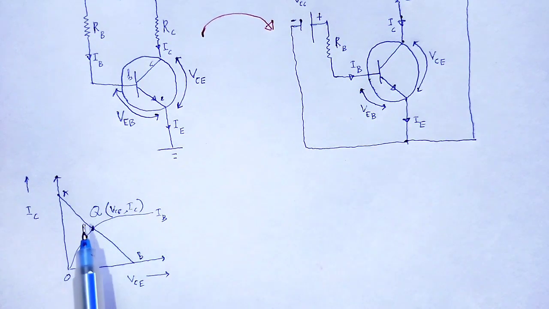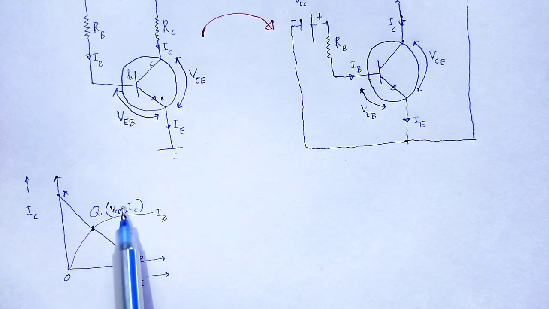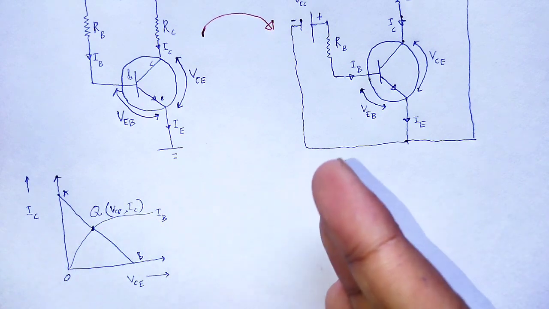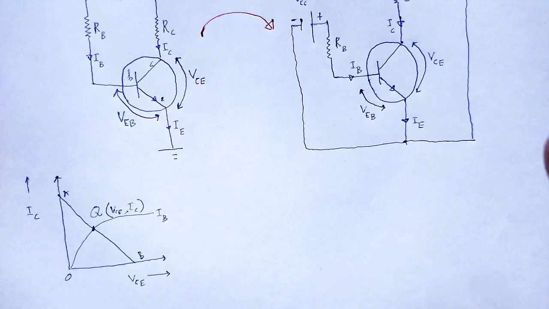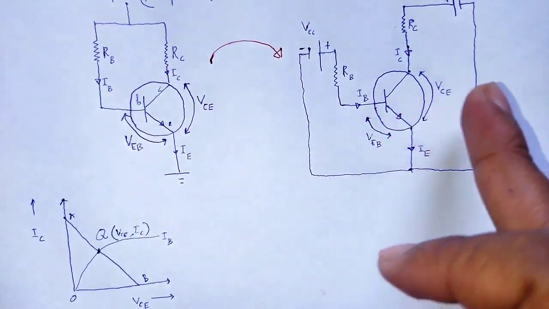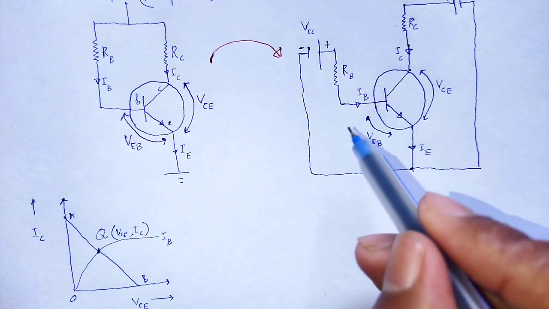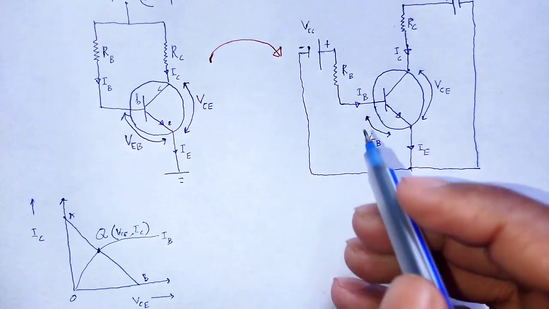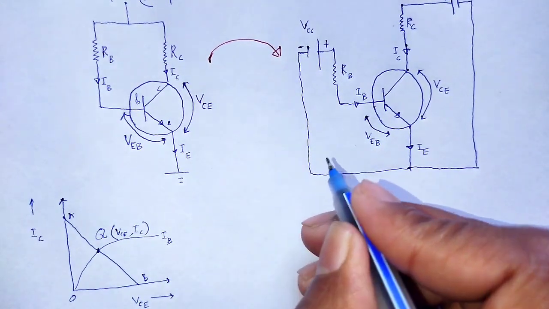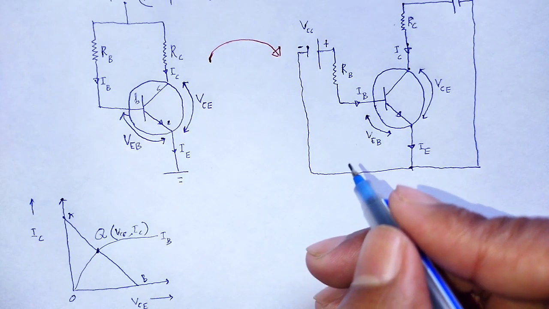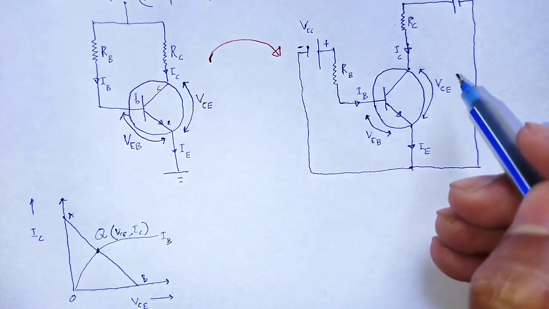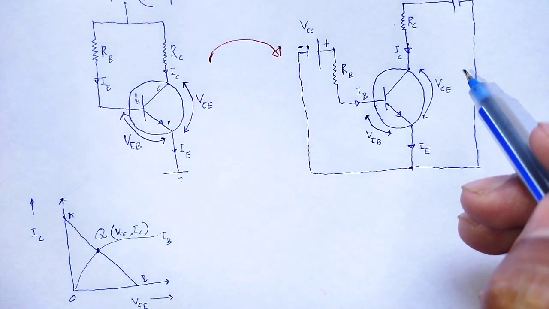Now to fix that Q point, we have to know the values of IC, VCE and IB, and those values can be easily calculated by using that kind of configuration. And here we apply KVL, Kirchhoff's voltage law, in the input junction as well as the output junction.